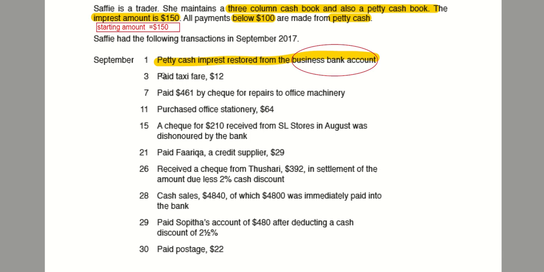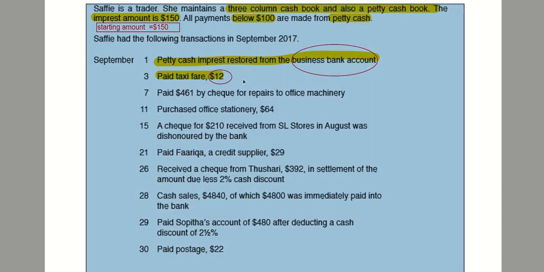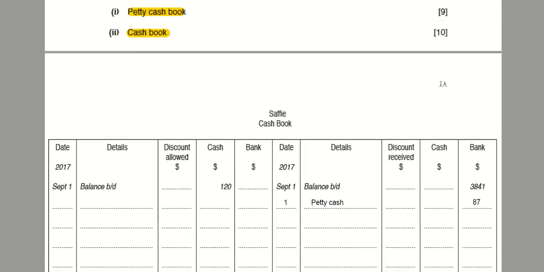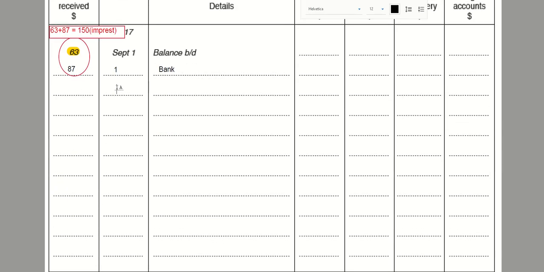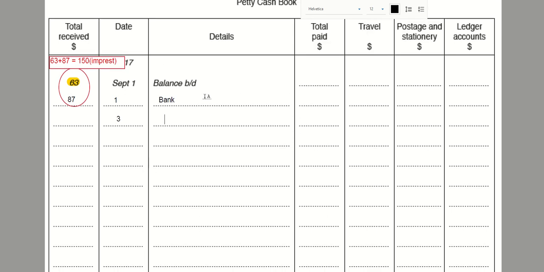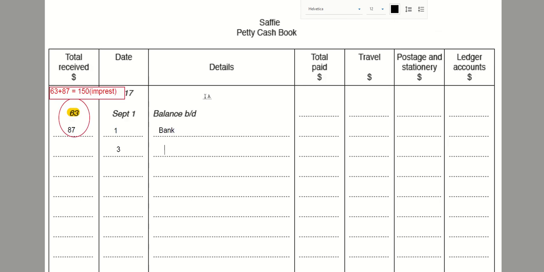Paid taxi fare. Now look at the amount. It's $12. It's below 100, so it will go in the petty cash book. So let's enter it in the petty cash book. Bear with us for a second. We'll go up again. What was it?